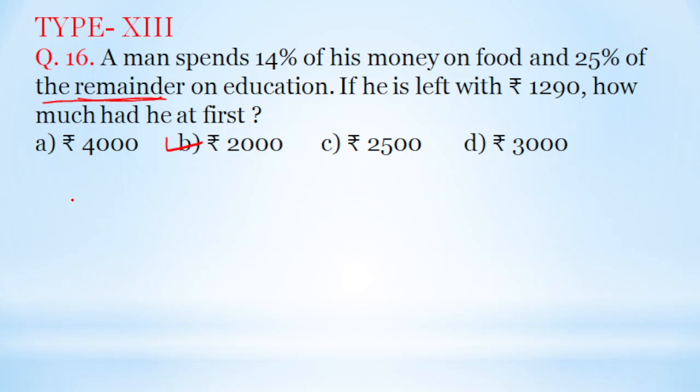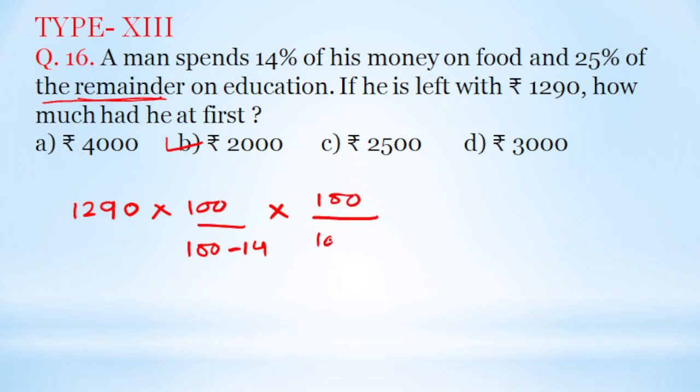That means your saving is 1290 into 100 by 100 minus 14 into 100 by 100 minus 25.